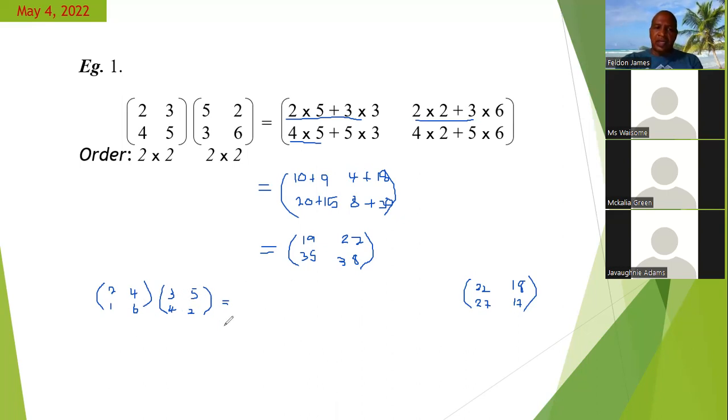All right, let us go through it together, guys. So we can take it in steps. So we're using first row with first column, then first row with second column to give us the two top elements. So first row with first column, we get 2 times 3 plus, now we're going to use 4 times 4.